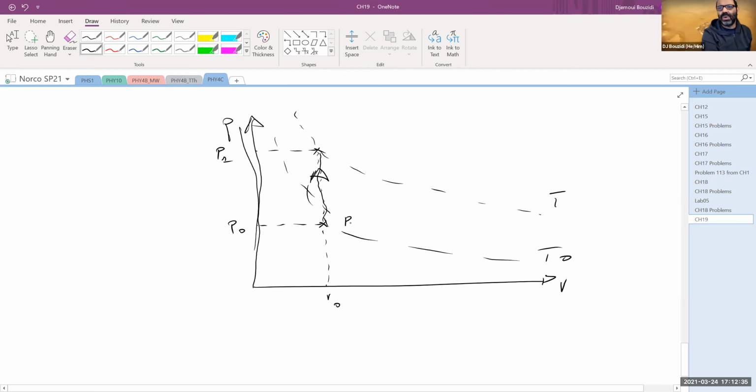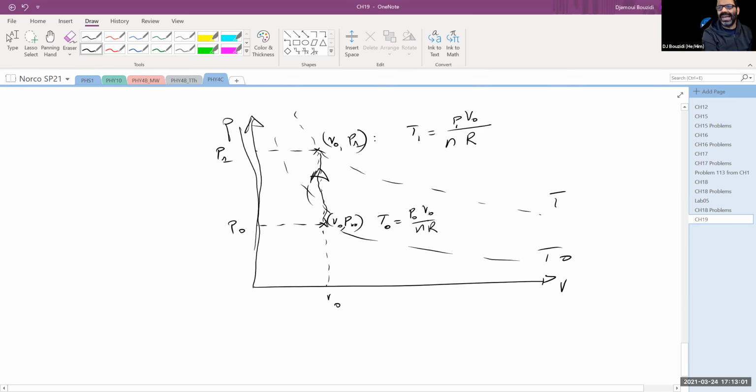This point has coordinates V0, P0, and this point has coordinates V0, P1. If I want to find the temperature here, T1 is equal to P1 V0 divided by NR. Because the pressure is higher, the temperature is higher. This point, which was T0, is equal to P0 V0 over NR. Since the volume is the same and the pressure is less, the temperature T0 is less.